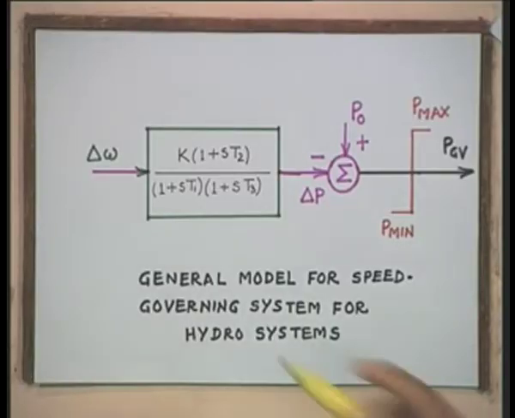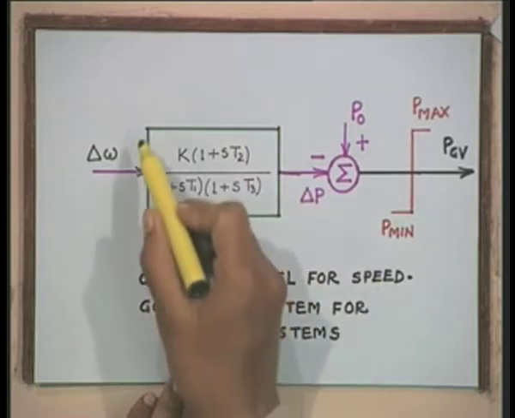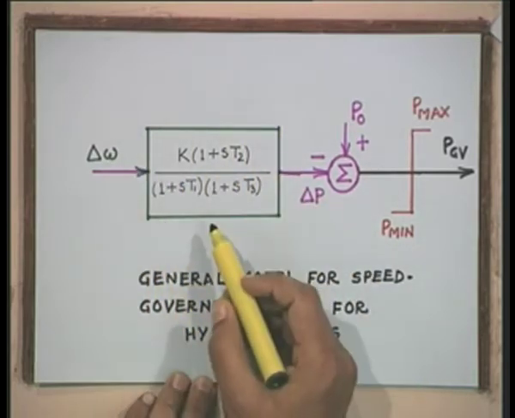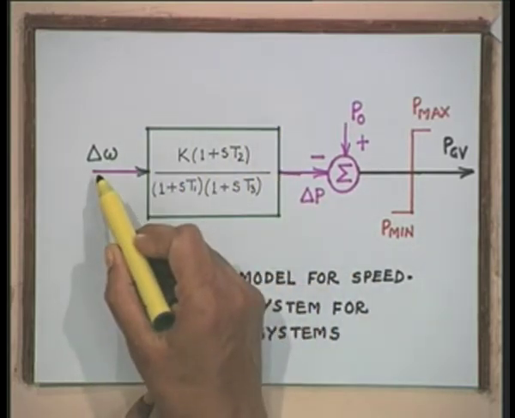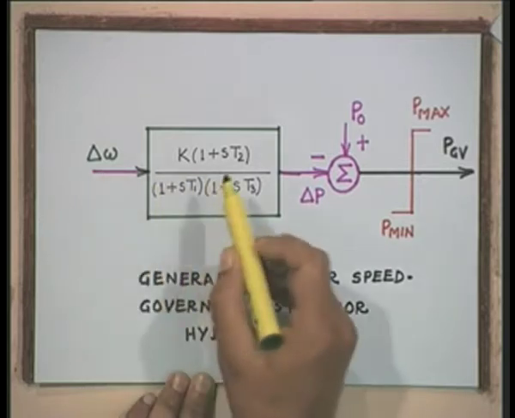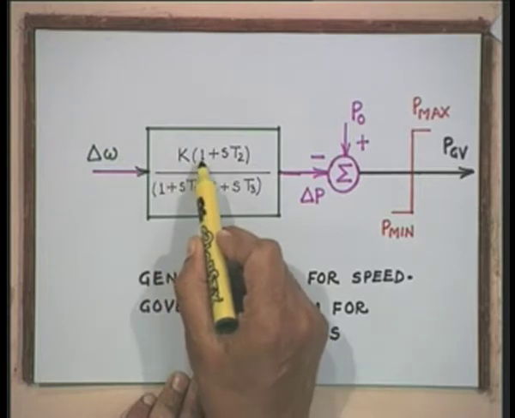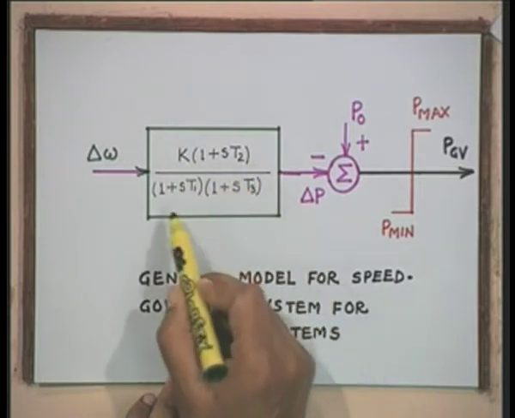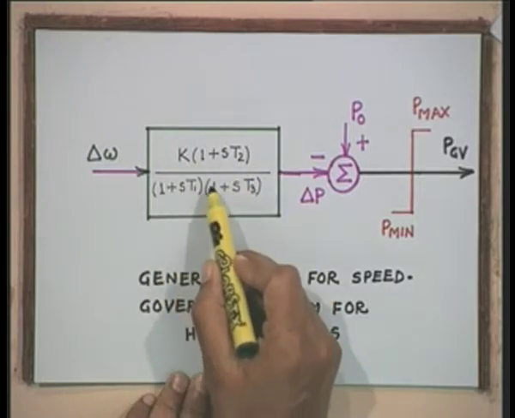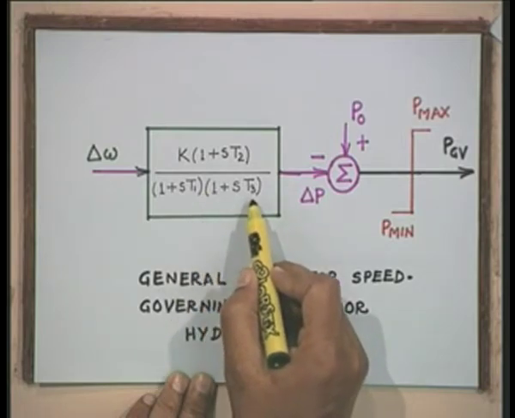The general model for the speed governing system is developed, and this is shown in a compact transfer function like this, where the input is delta omega, the speed deviation signal, and the transfer function is in the form K into 1 plus sT2 divided by 1 plus sT1 or 1 plus sT3.